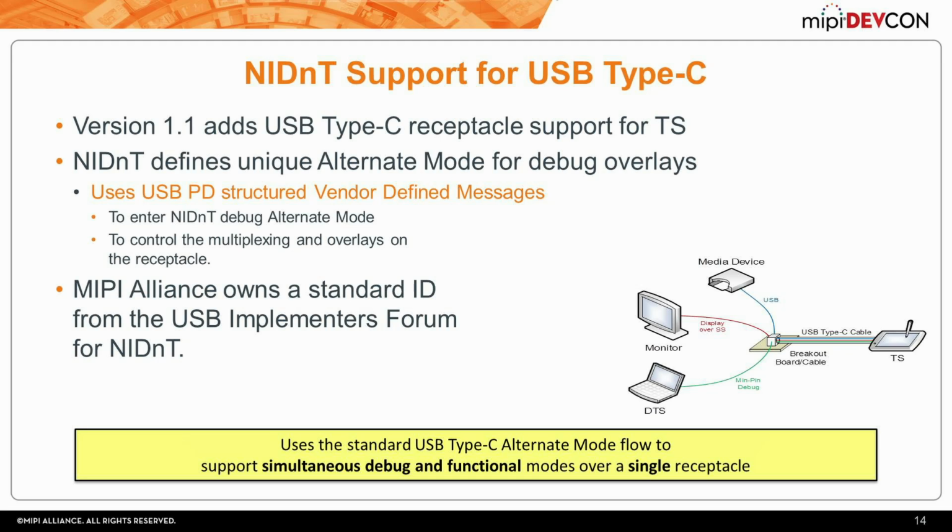So there are USB-defined modes for a MIPI NIDENT port, and it allows you to use a USB-C connector for debug and functional at the same time. So all you need is a breakout board that distributes the signals to the right receivers, and then you can have debug and functional usage of a port at the same time.